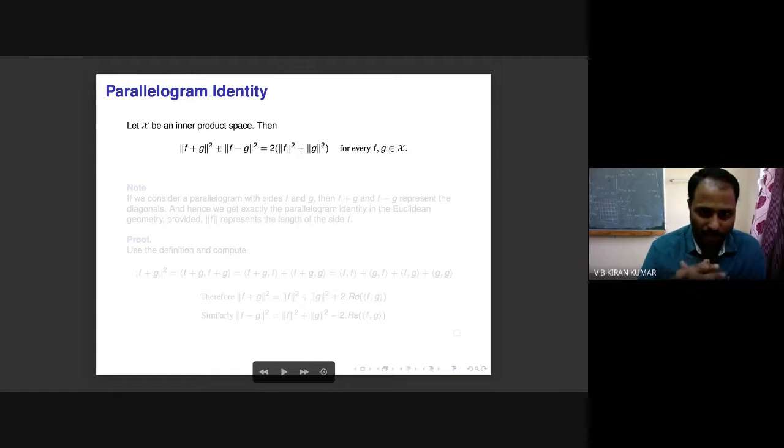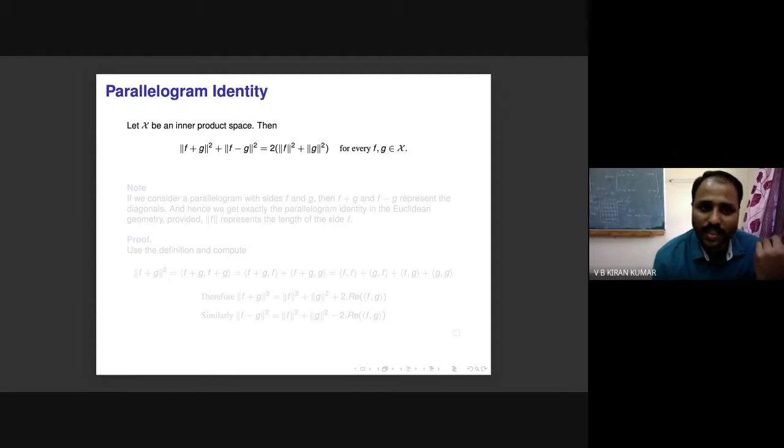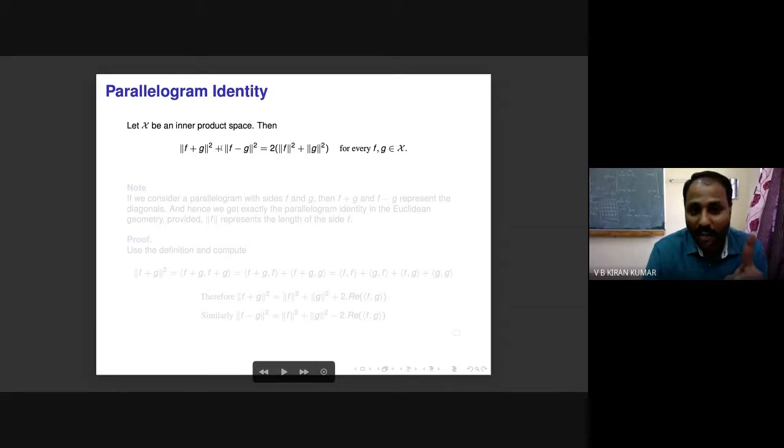This is the parallelogram identity. We have already seen the parallelogram identity for some geometrical figure, rectangle, parallelogram. There we used geometry to obtain that. Here, without geometry, we are proving it using algebra only, but we have an inner product. That inner product will give you a geometry. Now, this will satisfy norm f plus g square plus norm f minus g square equal to 2 into norm f square plus norm g square.